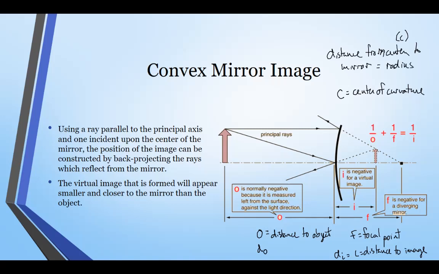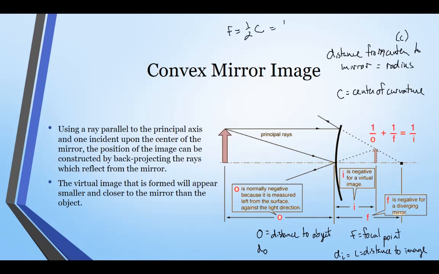There's another valuable relationship here. F, the focal point, is equal to 1/2 C. So the focal point is half the radius.